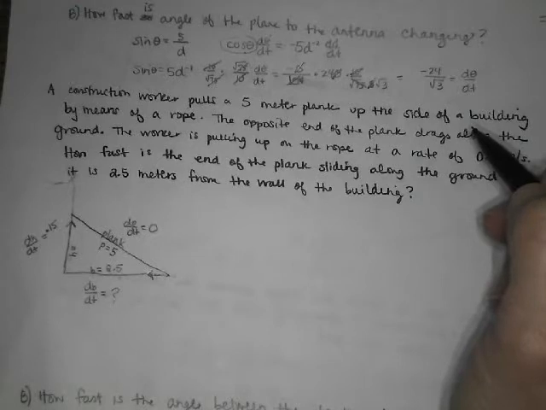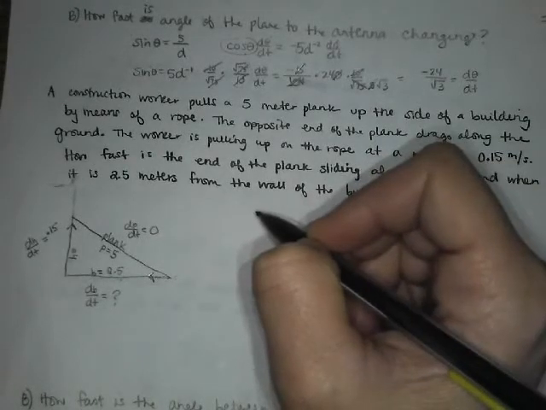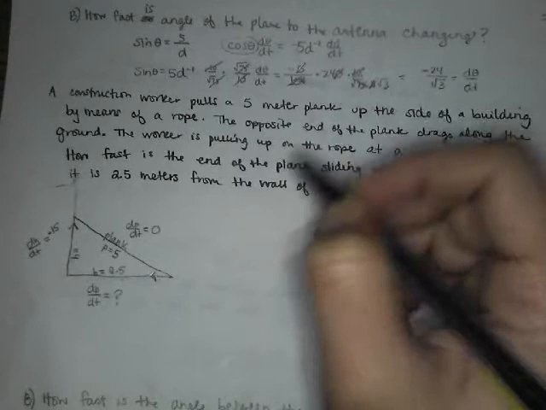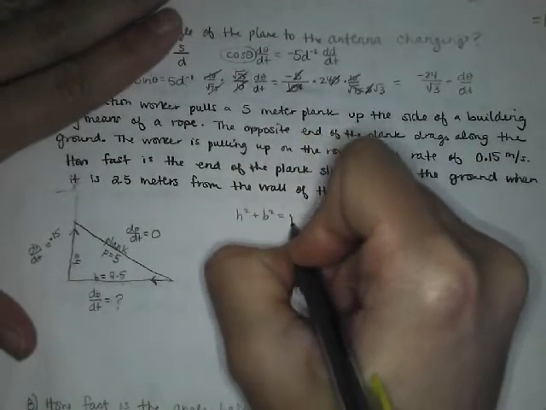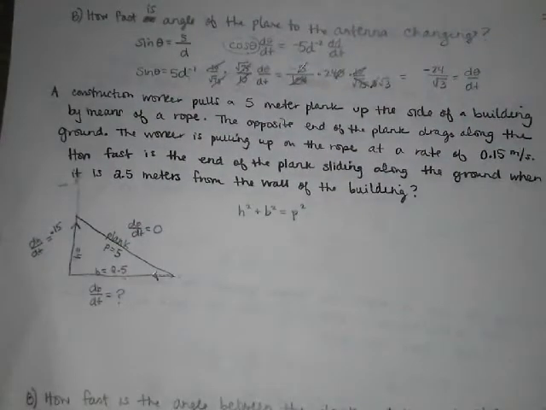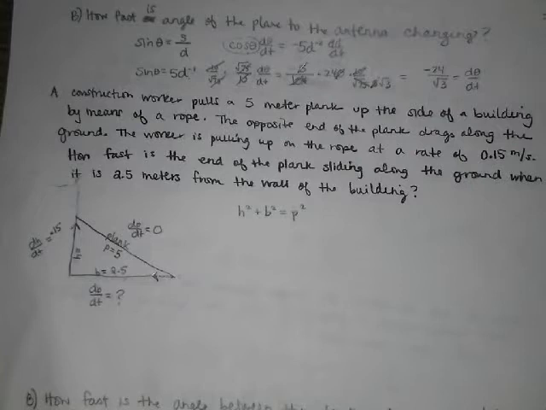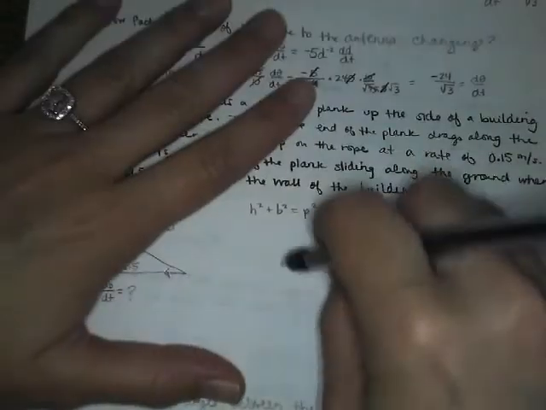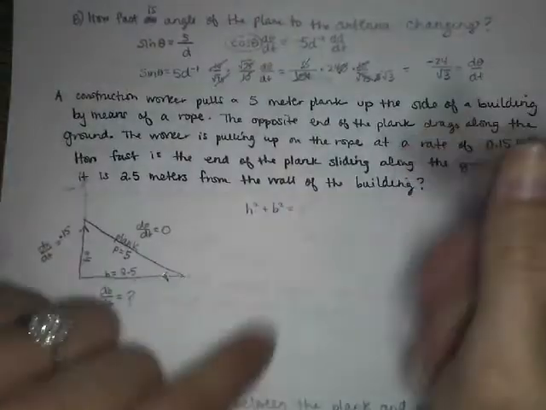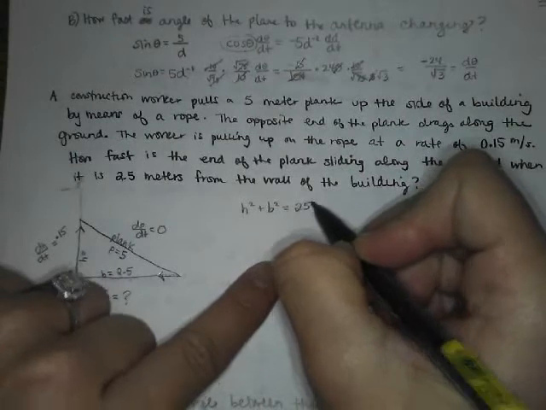But H squared plus B squared equals P squared. Yes, H squared plus B squared equals P squared. Now, again, because the plank is always 5 and is never changing, we can use a P of 5 before we differentiate. So 5 squared is 25.